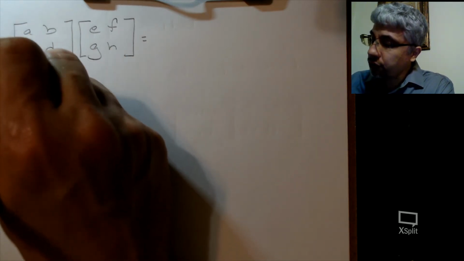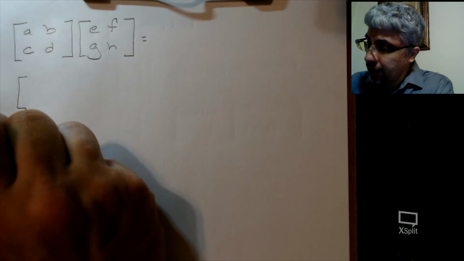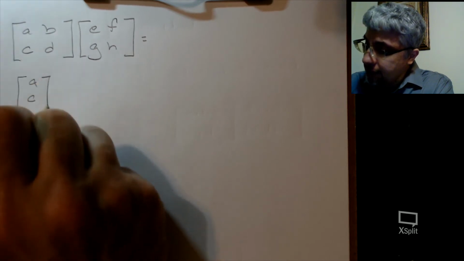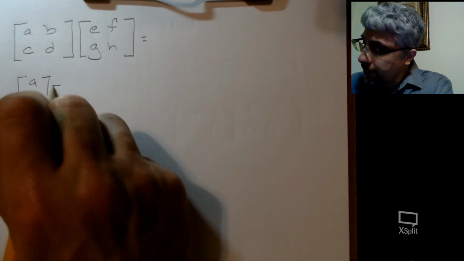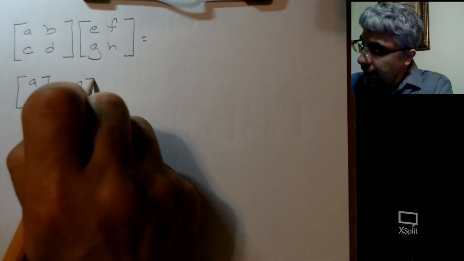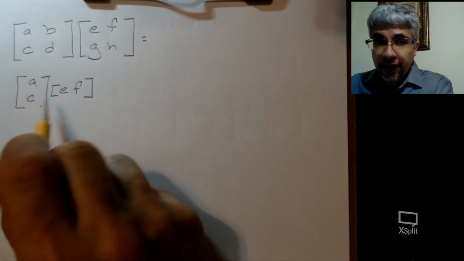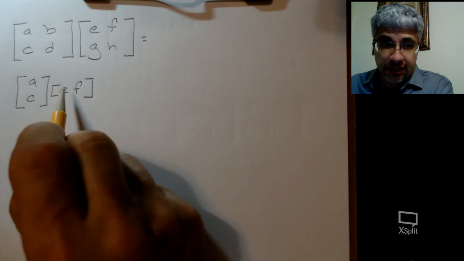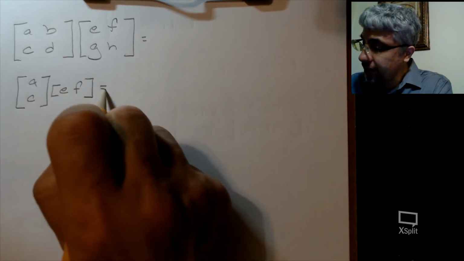So what if I took the first column times the first row here? I'd get AC times EF.